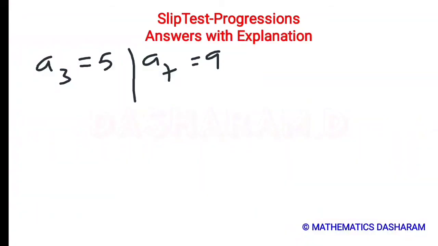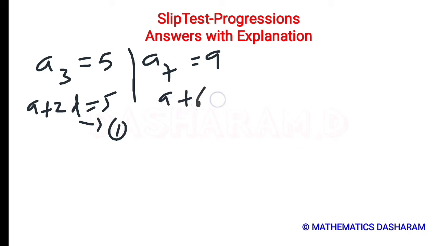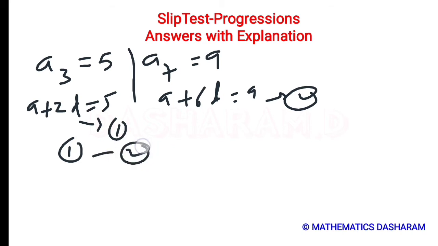A3 equals 5. That means a plus 2d equals 5, equation 1. Next, a plus 6d equals 9, equation 2. He is asking what the common difference is, so just subtract equation 1 and equation 2.